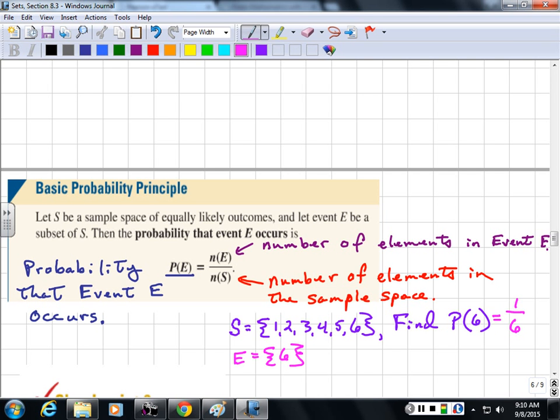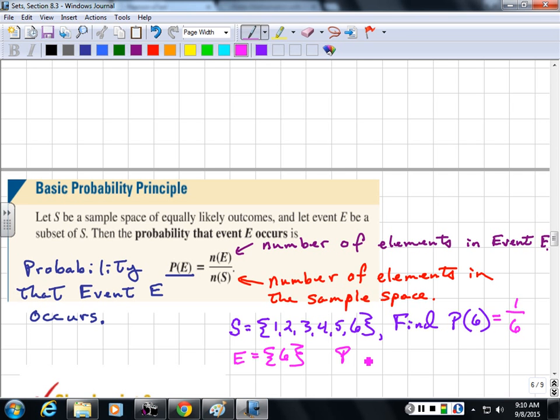This is what we call theoretical probability. Because if I actually took the die and I rolled it, I only have a 1 in 6 chance of actually getting a 6. It's more likely that I will get a 1, 2, 3, 4, or 5 instead of the 6. Because what's the probability of not rolling a 6?